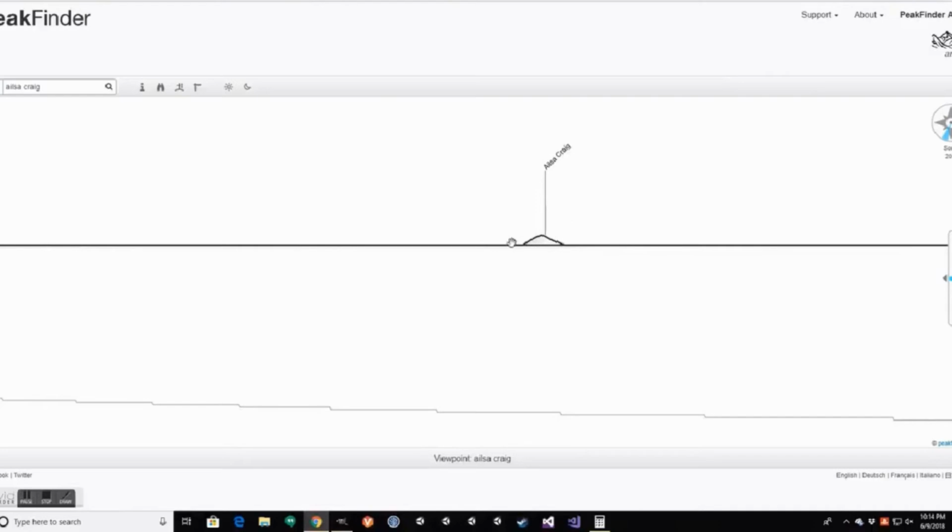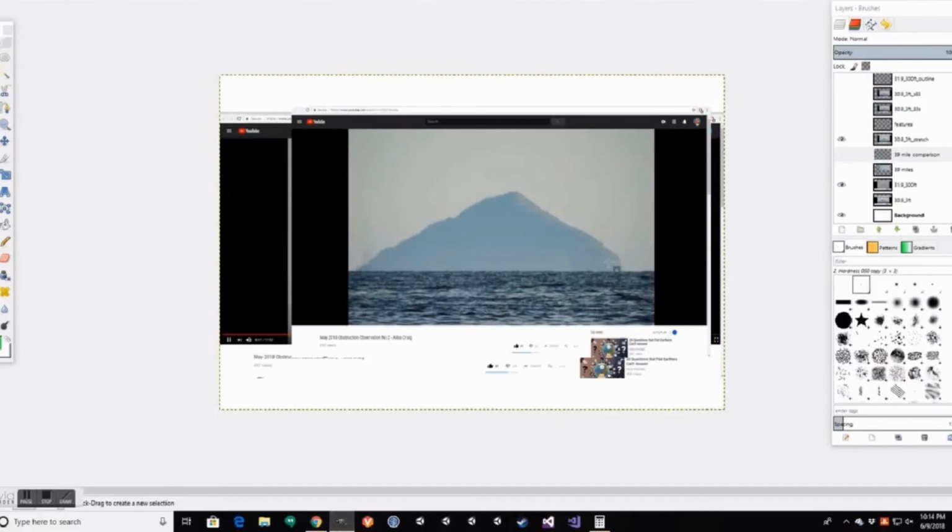In this image, this is a simulation from Peak Finder. They are not showing the little curve down, the little curve that happened, the shoulder, I call it. This little shoulder doesn't show up on Peak Finder. Peak Finder, therefore, is showing us the horizon would be expected to be about here.